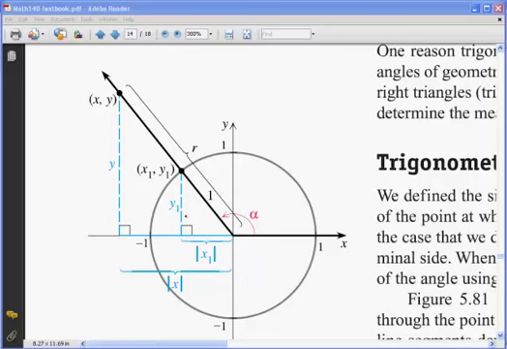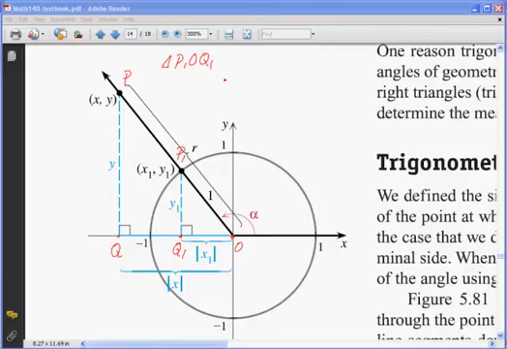Let me call this point O, and this one, let me call it P1, and let me call this point Q1, and this point Q, and this point P. So now you compare triangle P1 O Q1 and triangle POQ.